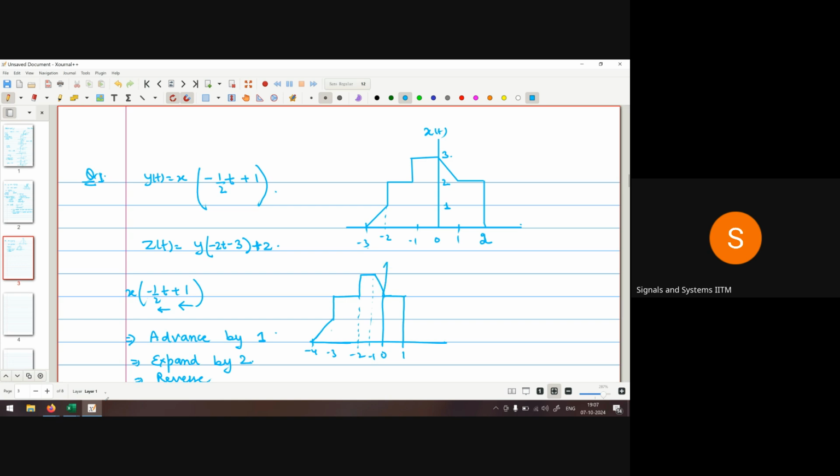This is x of t plus 1. Now expand the signal.